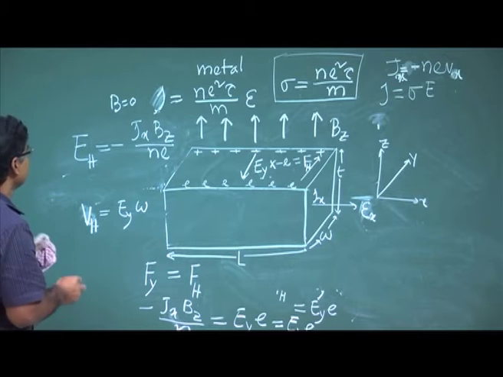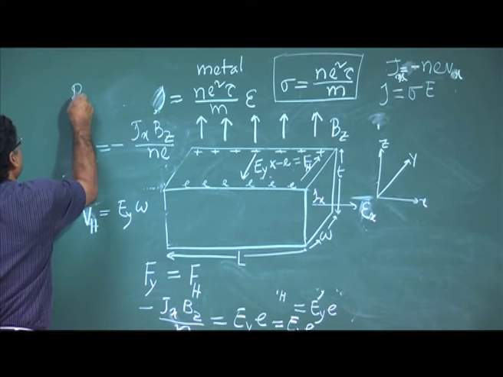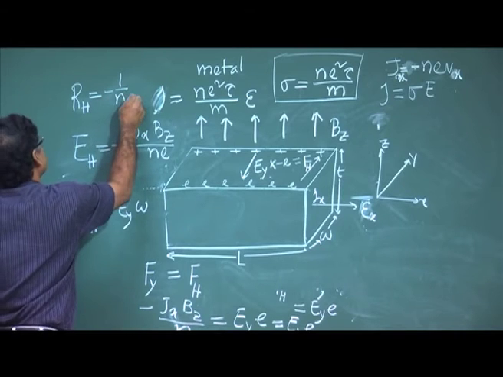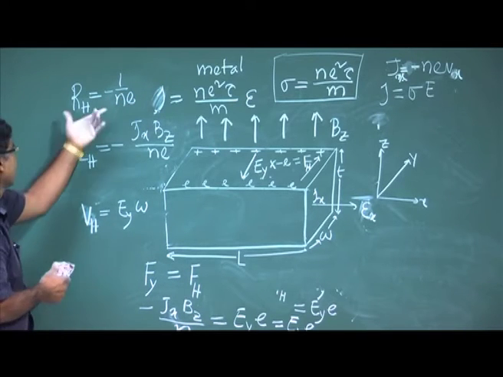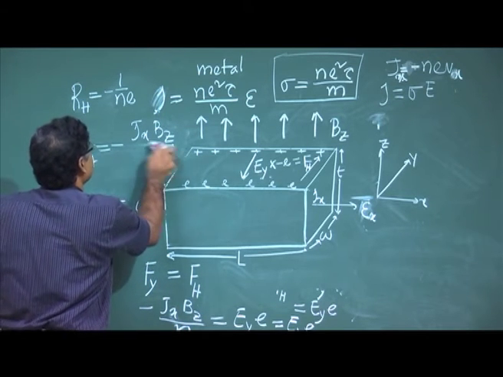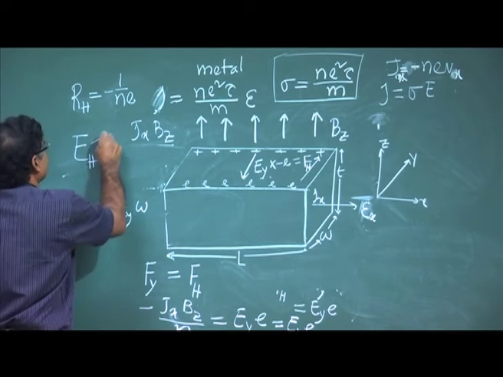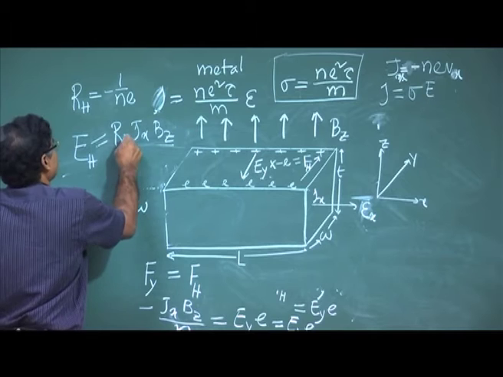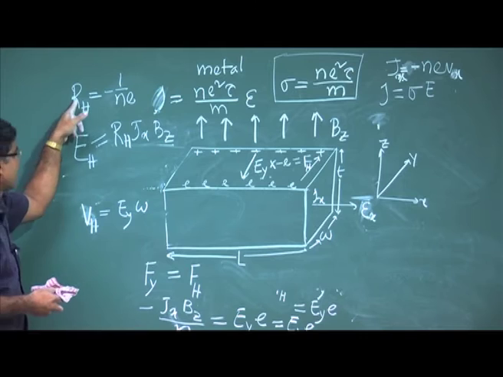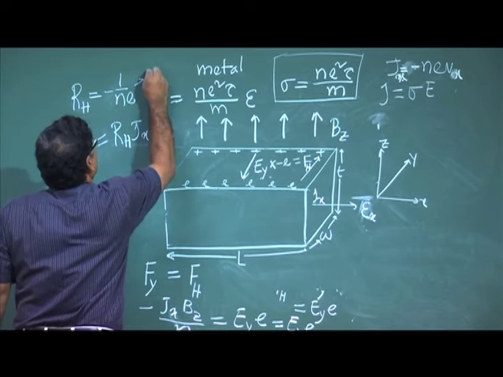So, if I define R_H equal to minus 1 by n e, then I can write E_H equal to R_H j_x B_z. Okay, that is the Hall. So, R_H is called the Hall coefficient. It is called the Hall coefficient.